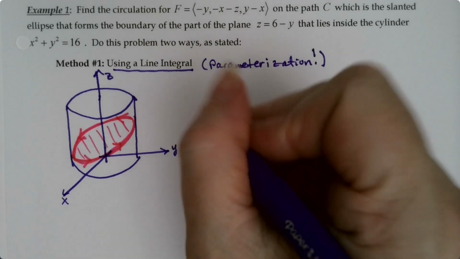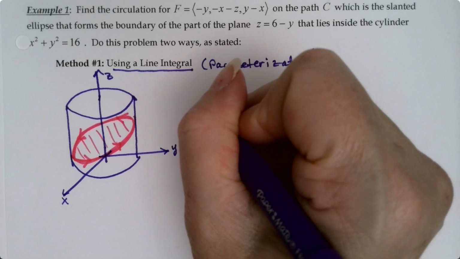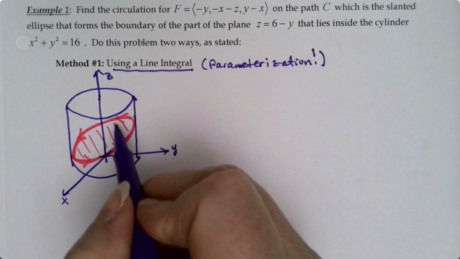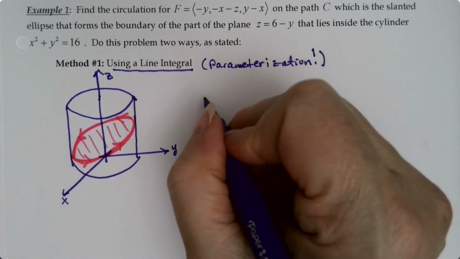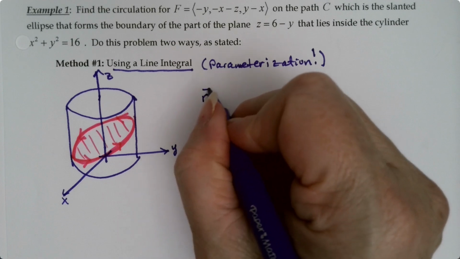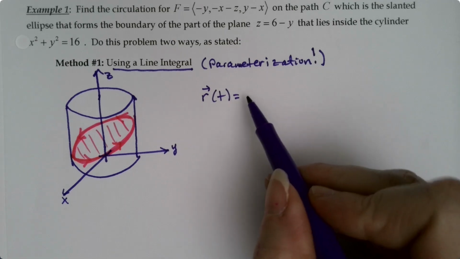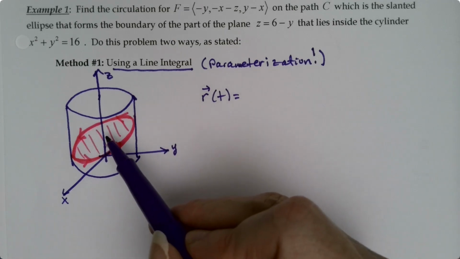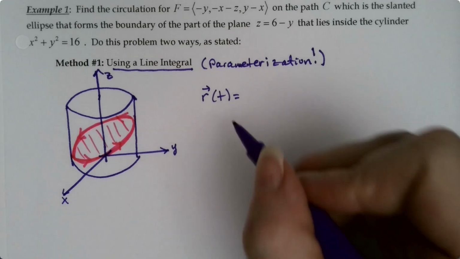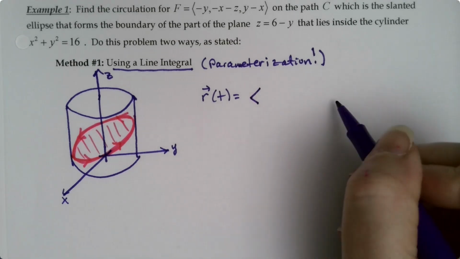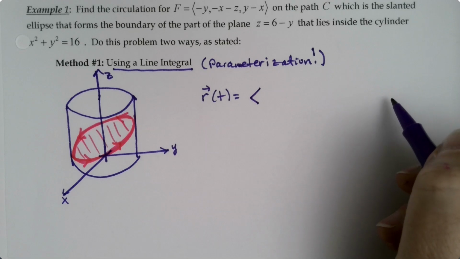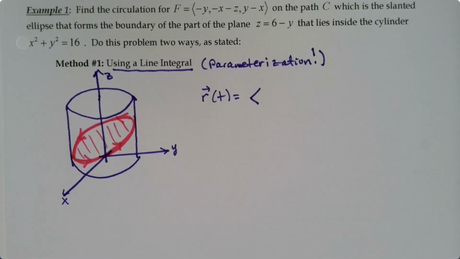All right, so we need an equation for our ellipse, for that circuit around the ellipse, as a matter of fact. So R of t is equal to, well, it's an ellipse, right? So we have to think about the x, the y, and the z.